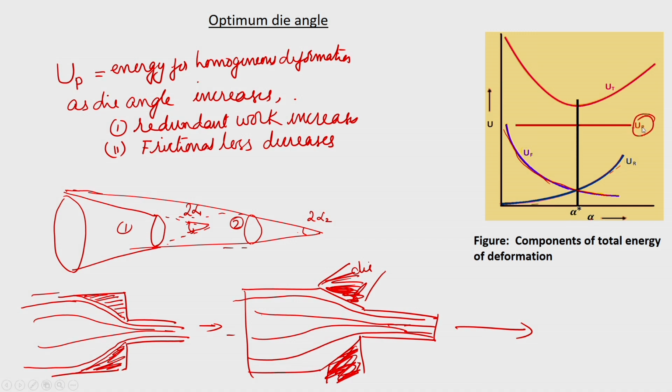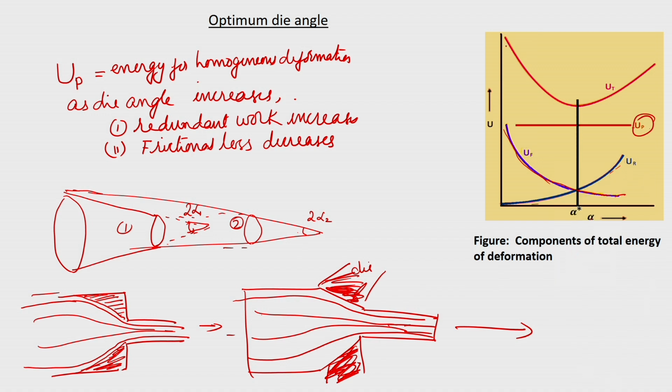You will find that the work for plastic deformation or homogeneous deformation remains constant, and this is the frictional energy decreasing with the die angle increasing, and this is the redundant work which increases with the die angle.